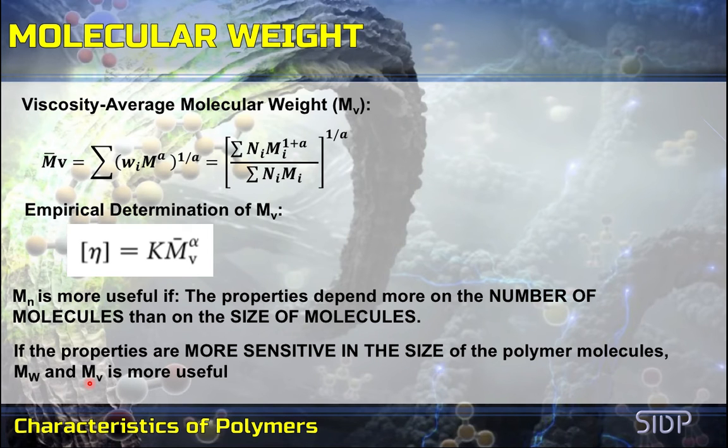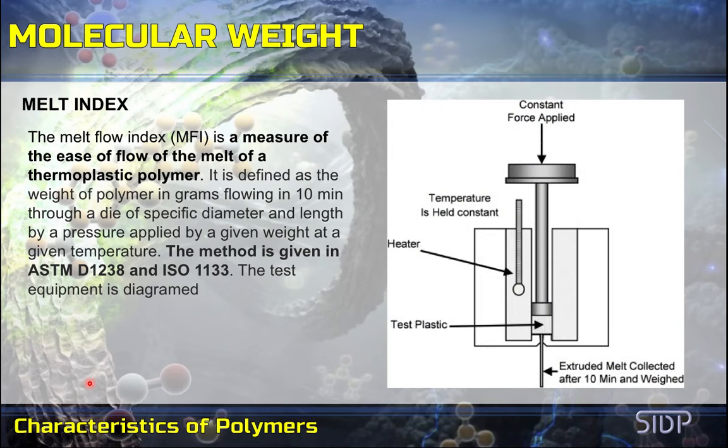Because it is easy to determine, melt index often is used instead of molecular weight in routine characterization of polymers. It is defined as the mass rate of polymer flow through a specific capillary under controlled conditions of temperature and pressure. The index can often be related empirically to some average molecular weight depending on the specific polymer. A lower melt index indicates a higher molecular weight and vice versa.